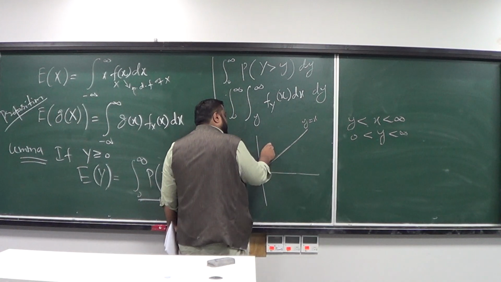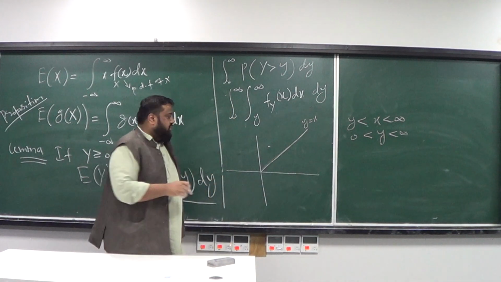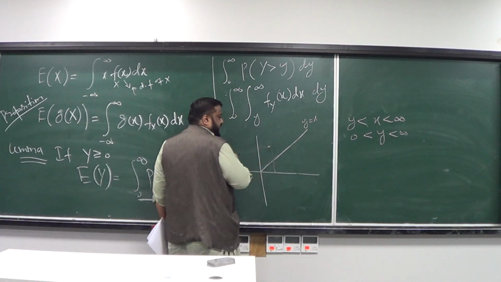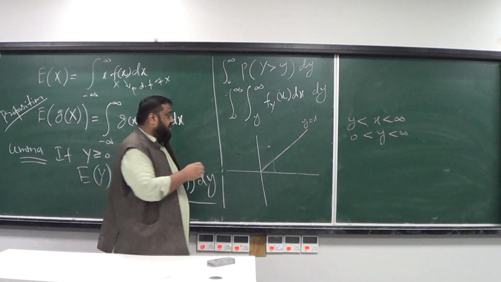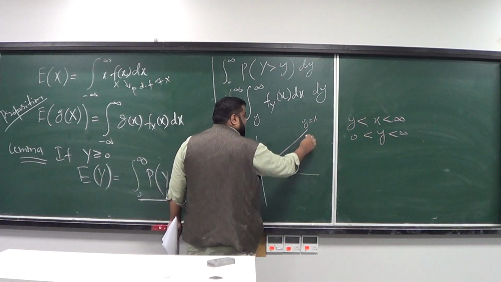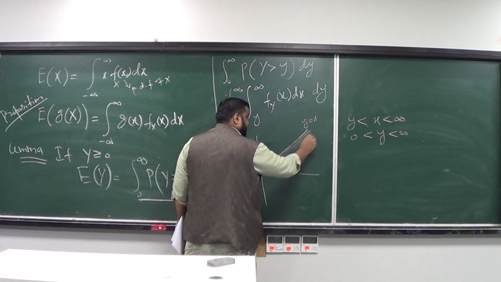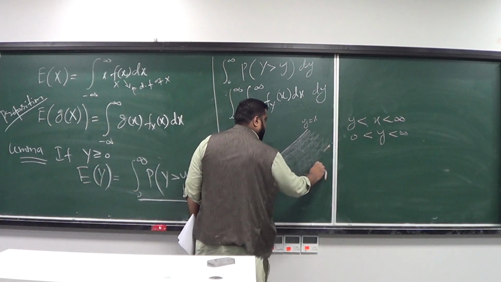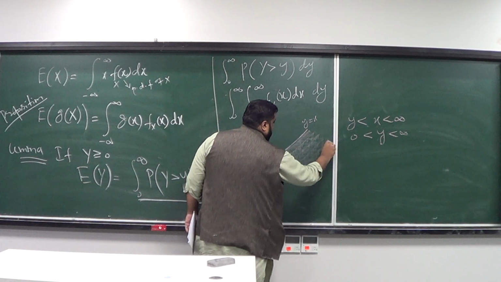But if I choose a point here, you can see that the x is smaller, but the y is bigger. So y smaller than x is really this entire region. So we're talking about this region.